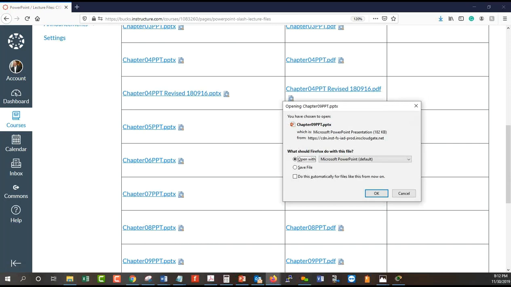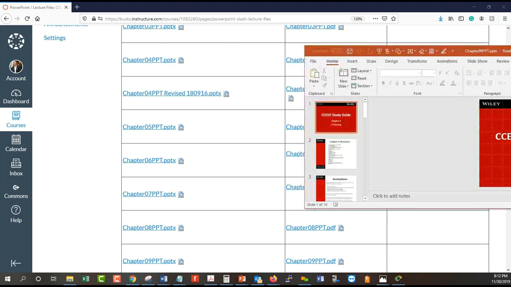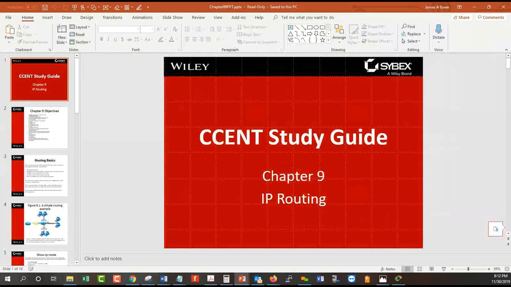Nine had to do with looking at our routing. We talked about 3 different types of routes. We talked about a static route command, we talked about dynamic routing, and we talked about default.